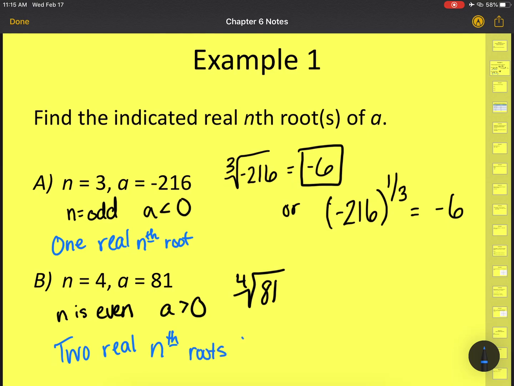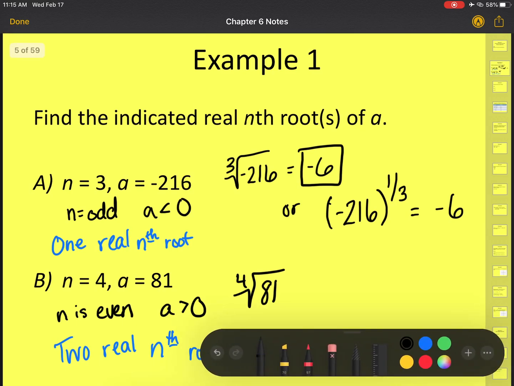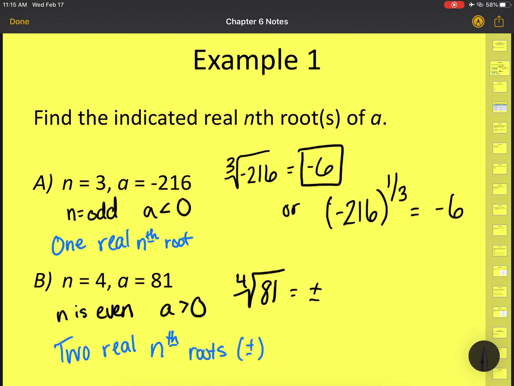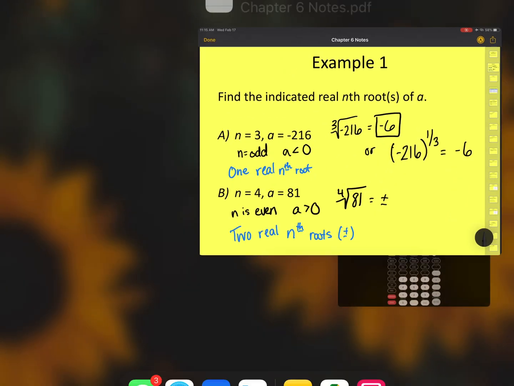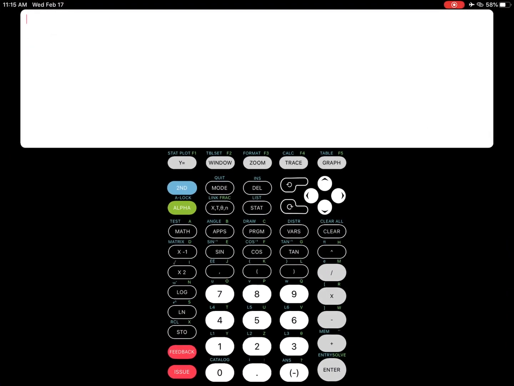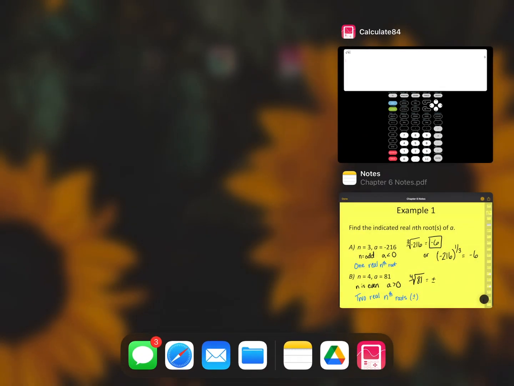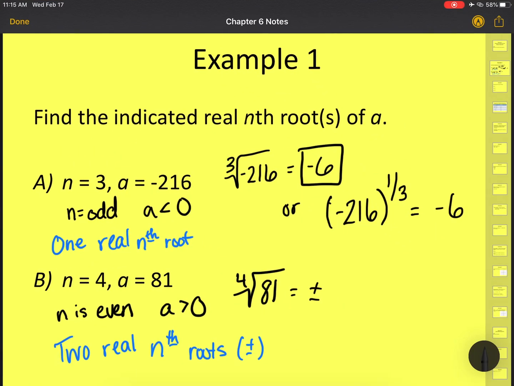So we're going to have that plus or minus in there, because we've got the positive case and the negative case. That's where we're getting 2. If I hit math, I want to hit number 5 this time because I'm going to put 4 as an index on the outside, and then tab over to the right to get 81 in there. And we get back 3. So our two real nth roots are positive 3 and negative 3.